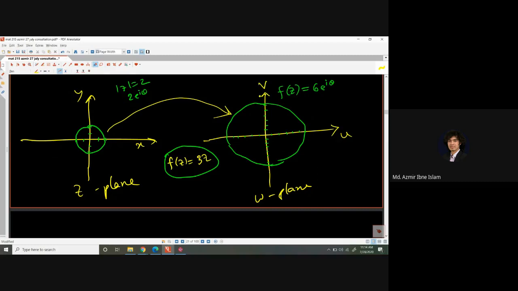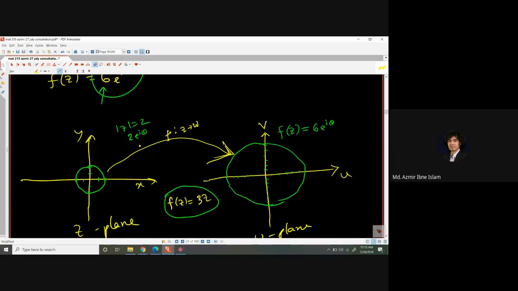You can see the graph here is not the same; we have a magnification. This is the magnified form of the previous circle. So this is one mapping f that maps the z plane to the w plane, or this circle to this one. Clear?